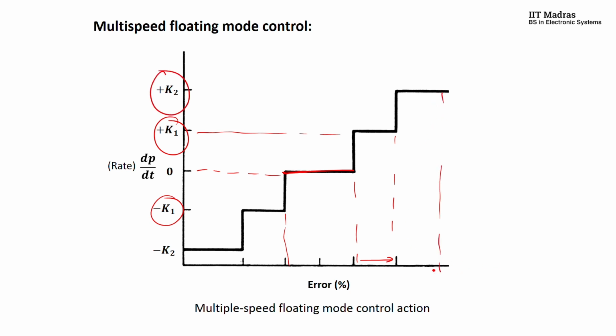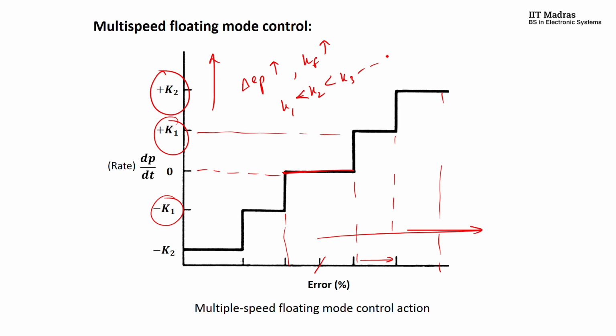If the error is increasing further from the nominal error, that means the rate at which the controller output is increasing is much higher. So that means delta EP is higher, Kf is higher. K1 is less than K2 is less than K3 and so on.